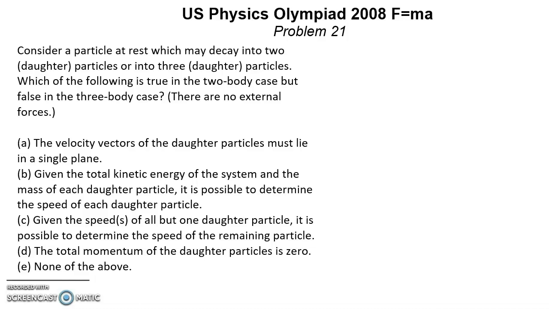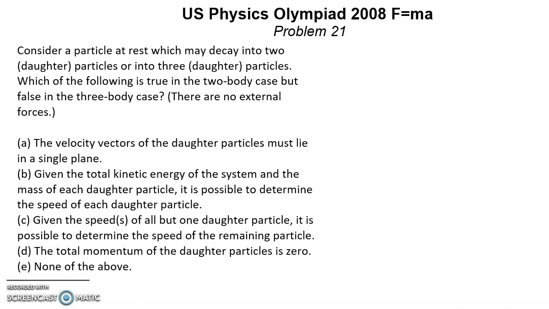For the two particle case, of course this is true, because both velocities lie in a single line due to momentum conservation. For three particles, suppose that two particles lie in one plane and the third particle's momentum does not belong to this plane.